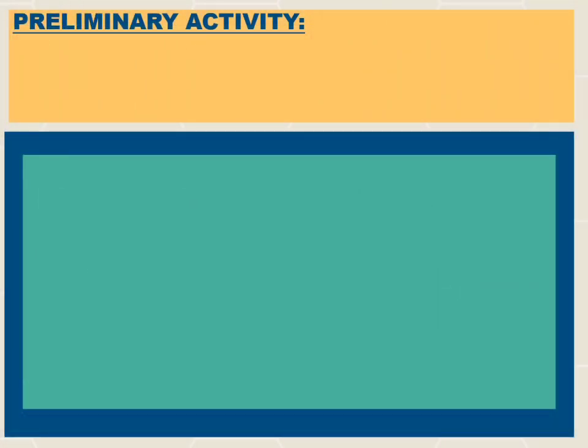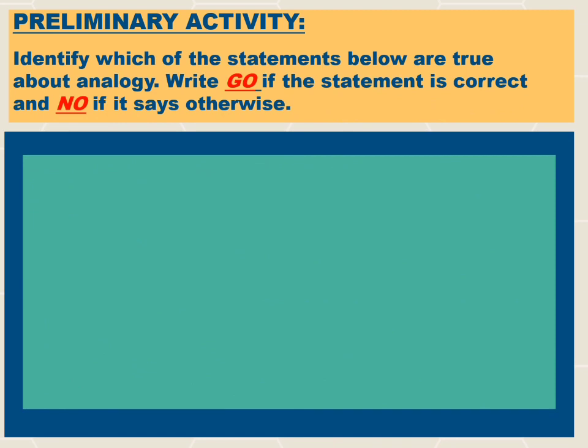Now that you already have ideas about the differences among simile, metaphor, and analogy, let us test your prior knowledge about the meaning of analogy through this another activity. Identify which of the statements below are true about analogy. Write go if the statement is correct and no if it says otherwise. Are you ready?